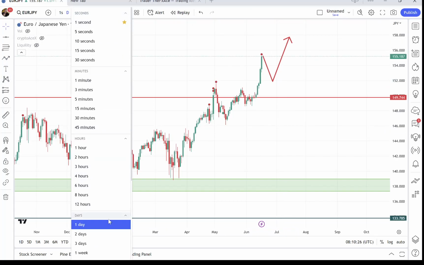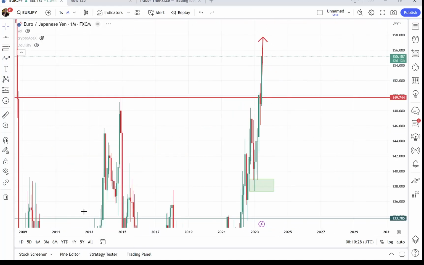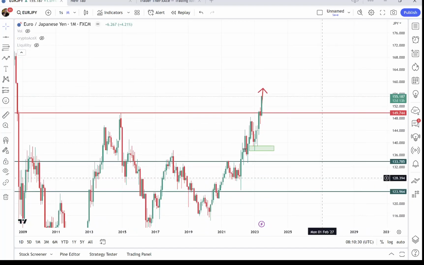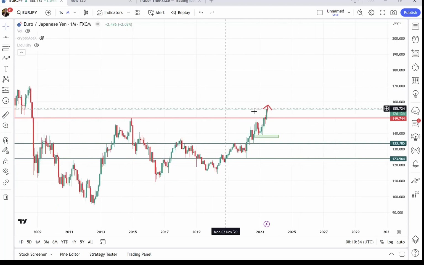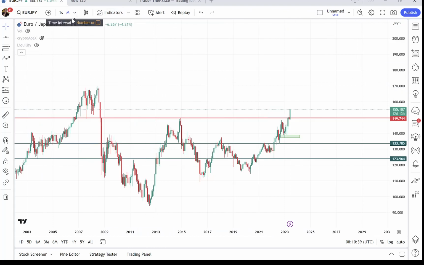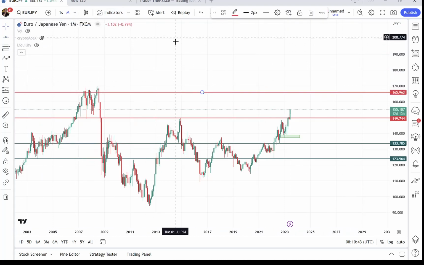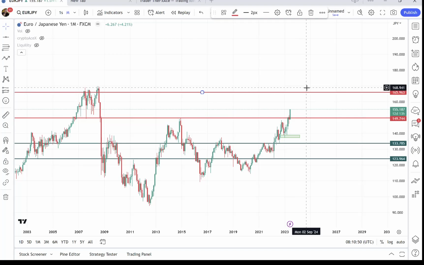If you just look at the monthly charts here, where's price likely targeting long term? See, there's nothing really stopping this pair long term heading up towards 165. But again, I'd want to see a pullback down towards 151 and then buy back in.